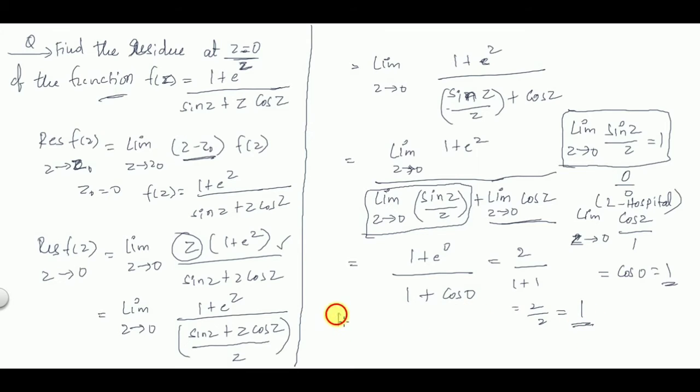Therefore the residue of the given function at z = 0 is 1. This is how we can find the residue at a given value.